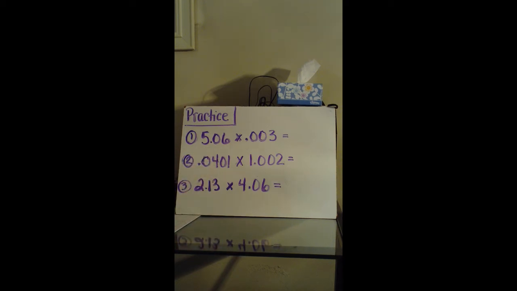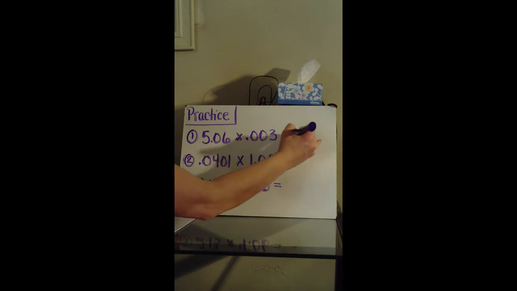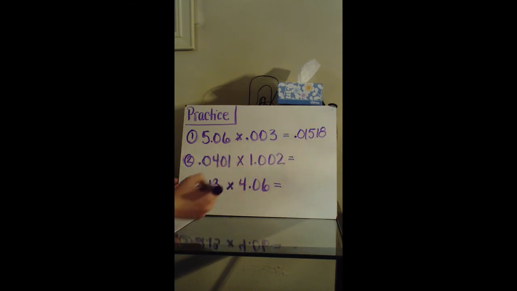So at this time, you want to pause the video and go ahead and try to use method A to solve these three problems. Number 1, 5.06 times 0.003 is equal to 0.01518.